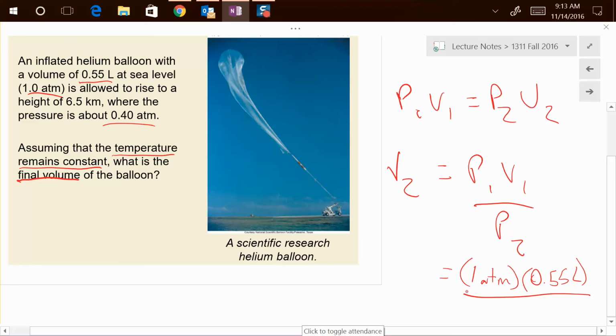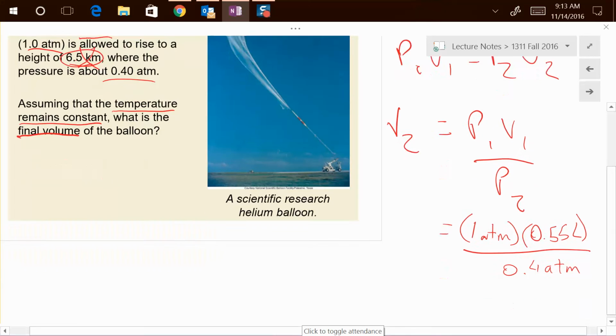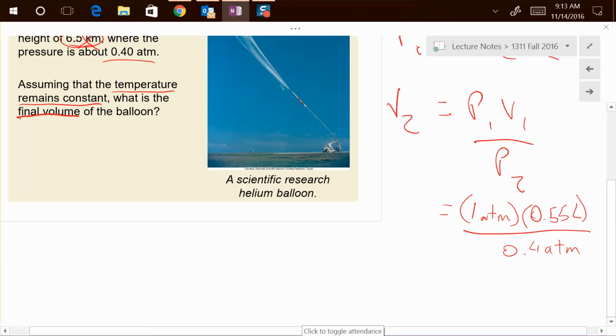What is the new pressure? Do you see how there's all this stuff in there that doesn't even pertain? It's not even part of the question. It's just there, it's confusing you, but you can ignore it because it's just telling you how much it rose and that it changed. It went to this pressure. So 1 times 0.55 divided by 0.4, that's how I would solve for this.